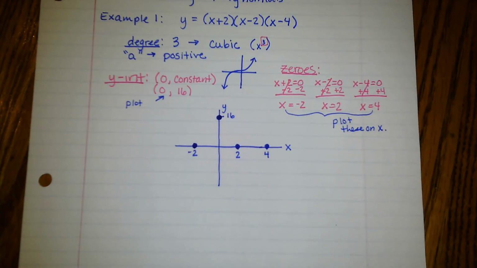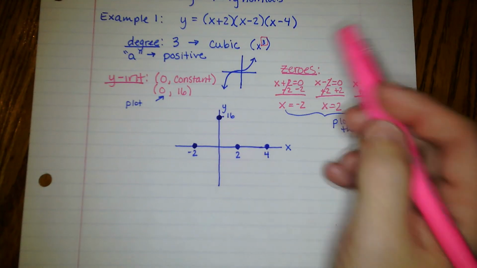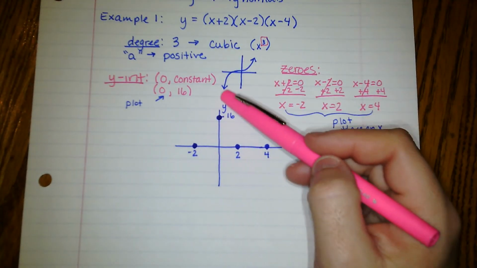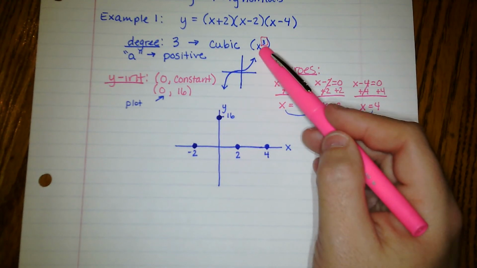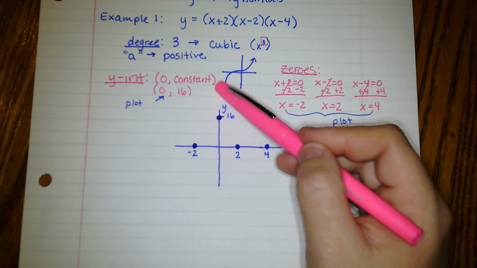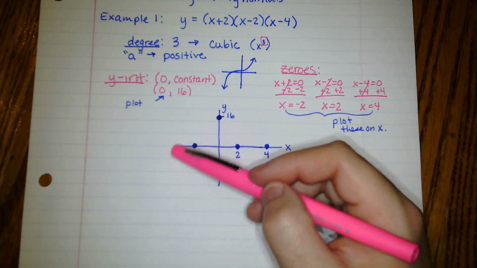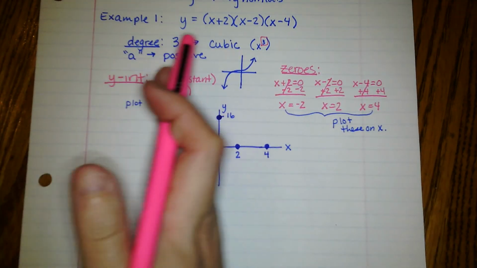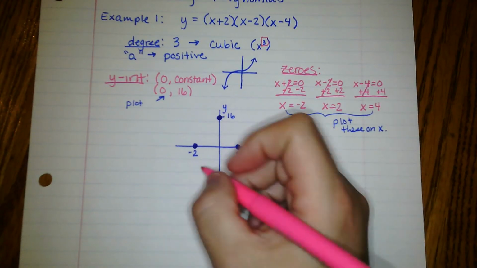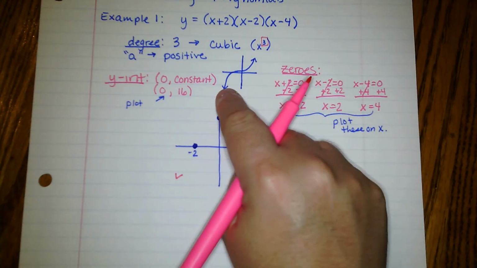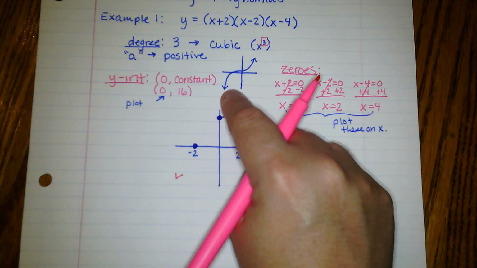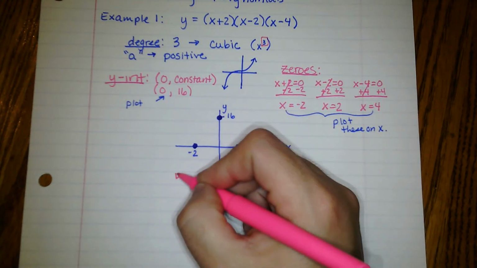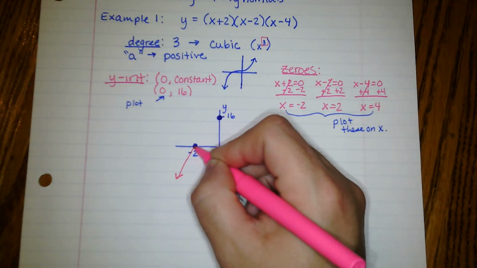Now this is the best part. All I have to do now is connect the dots. The only thing I have to remember is that my shape is going to look similar to this. So it's got to start down on the left corner. So down here is where it has to start. And I'm just going to follow my points across the way. So I'm going to start down because it's a cubic and it's +a. So it's got to start down on the left. It's got to cross through -2.